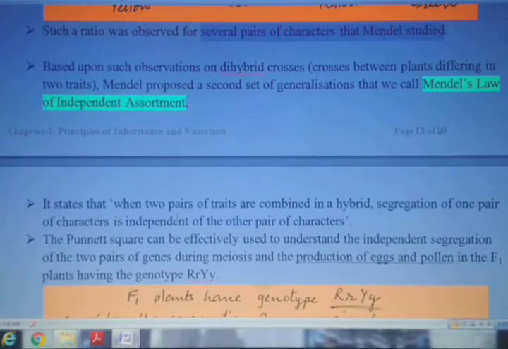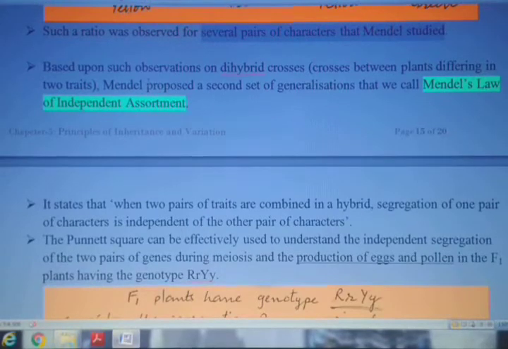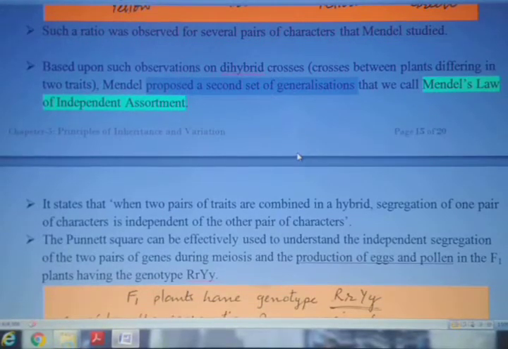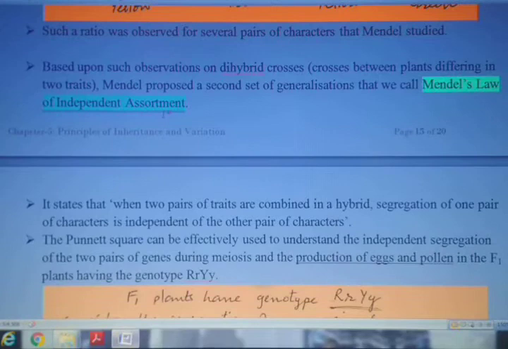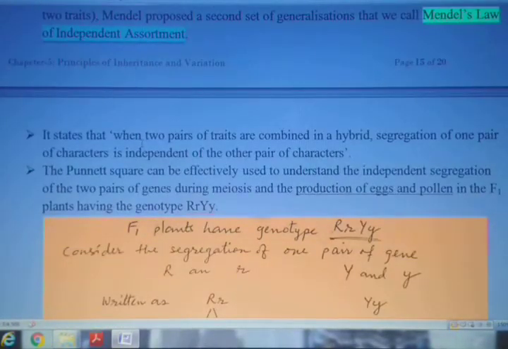And based on that observation, he proposed the second set of generalization, which we know by the name of law of independent assortment. Law of independent assortment. Now what is over here in independent assortment?